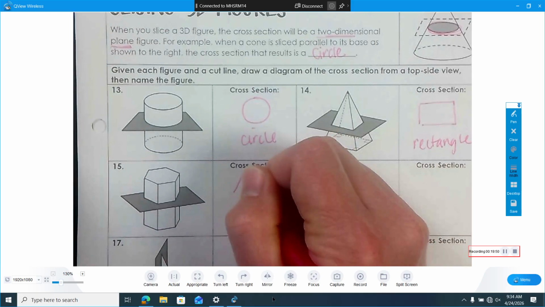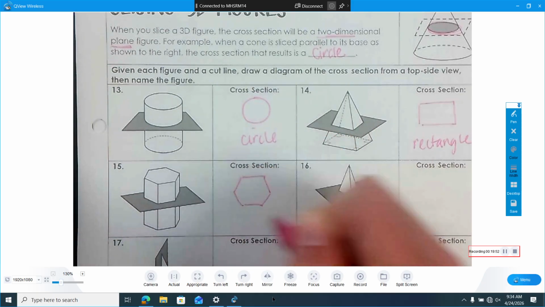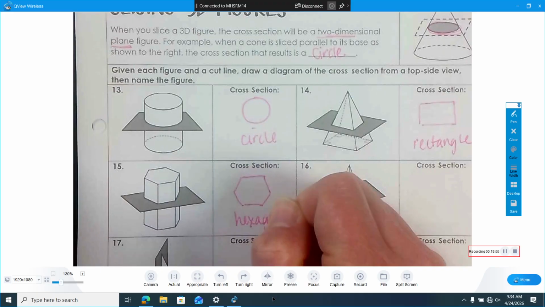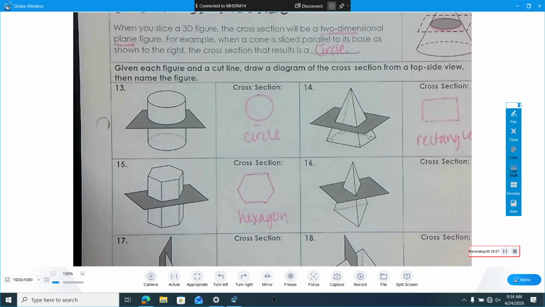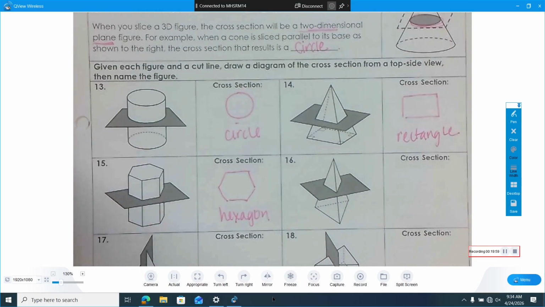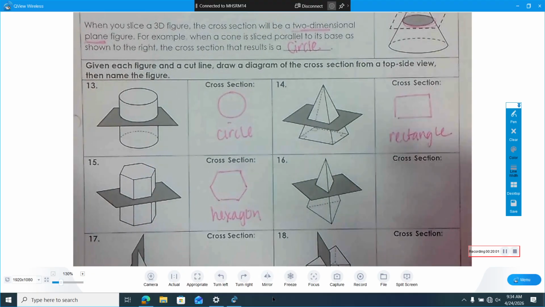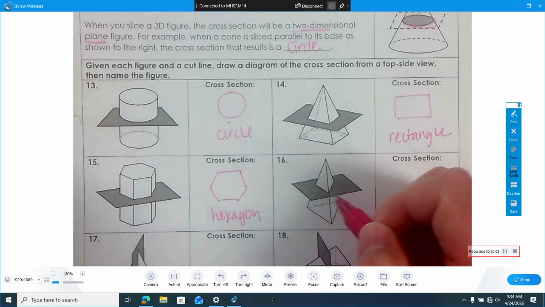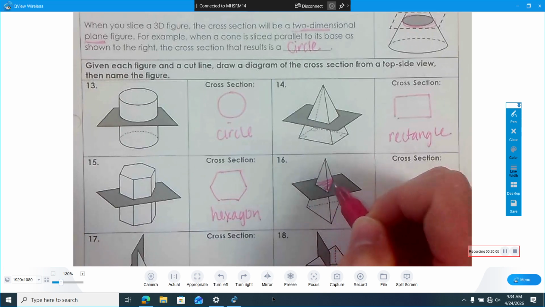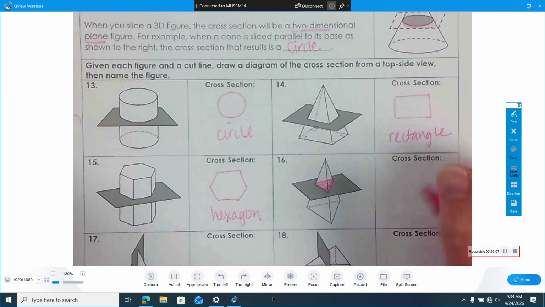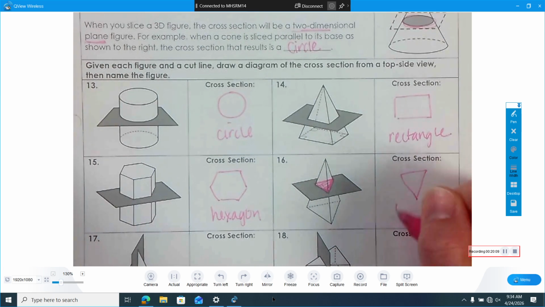Hexagon. I'm going to draw a hexagon. 1, 2, 3, 4, 5, 6. On number 4, what shape would you see? Triangle. Yeah, there's a little triangle right there. When you cut it, it would be a triangle shape.